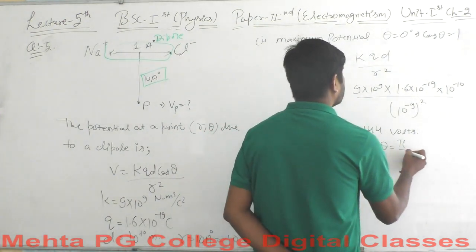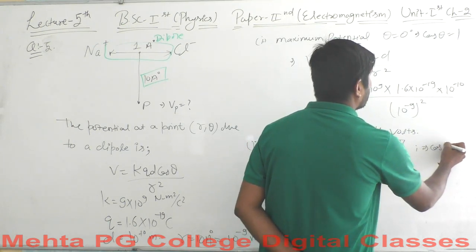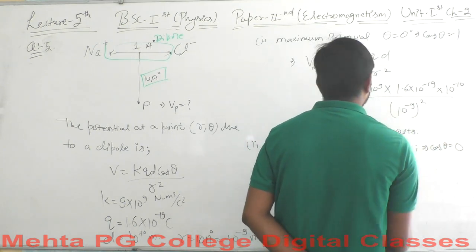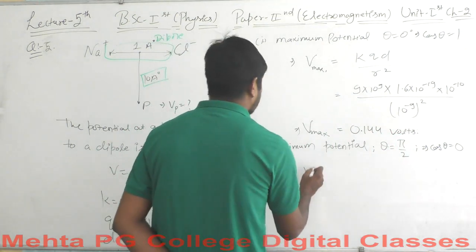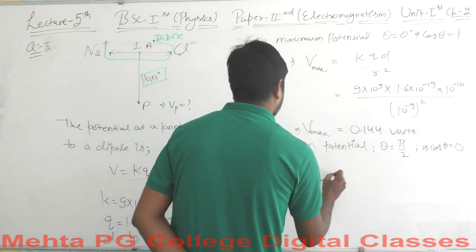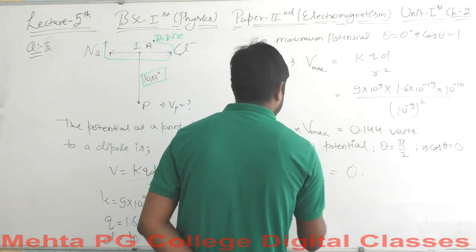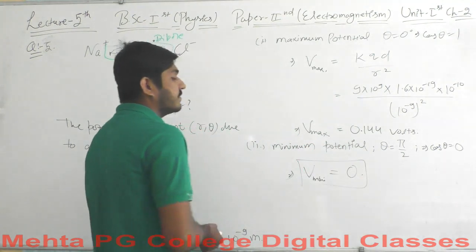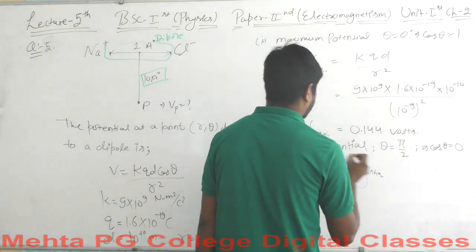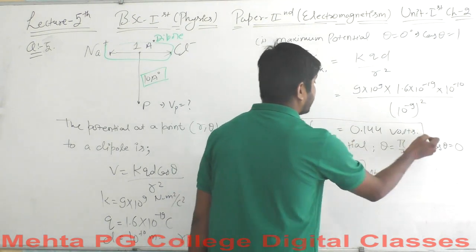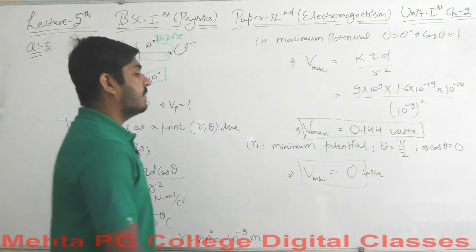Theta must be equal to pi by 2 here, and this means that cos of theta will be equal to 0. And when cos of theta is equal to 0, then V minimum will be equal to 0. So this is what you come up with. This is 0 volts here. Yes, and this is the maximum potential, and this is the minimum potential.